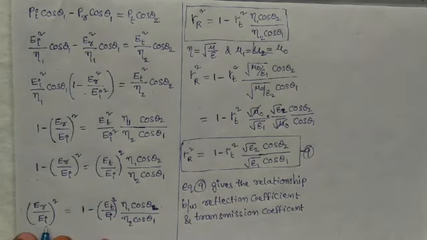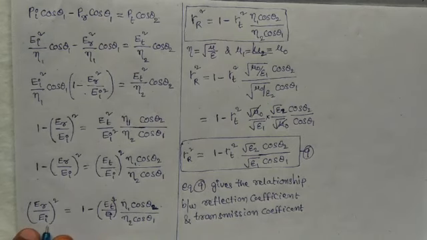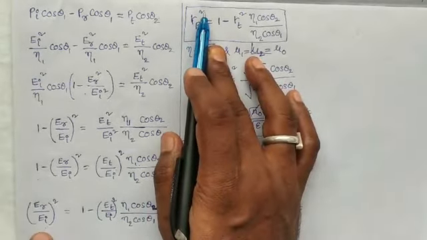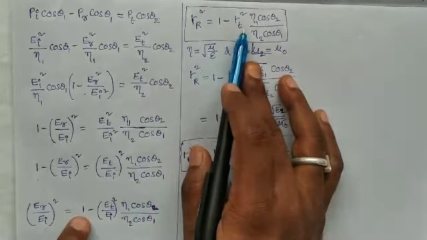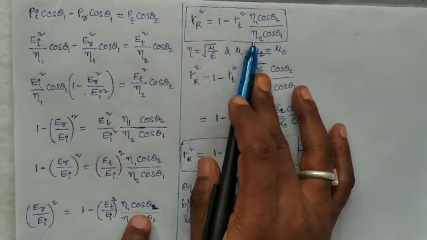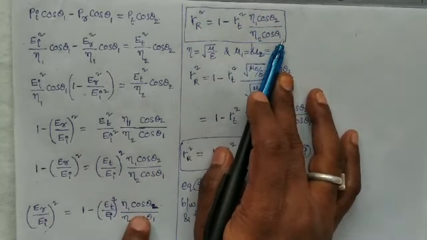Er by Ei indicates the reflection coefficient, and Et by Ei represents the transmission coefficient. So gamma R square is equal to 1 minus gamma T square times eta 1 cos theta 2 by eta 2 cos theta 1.